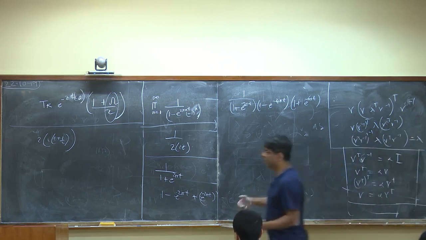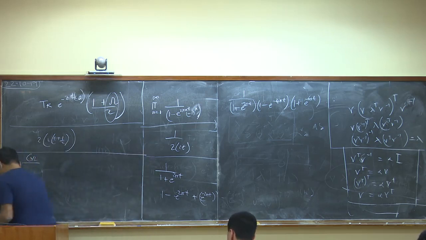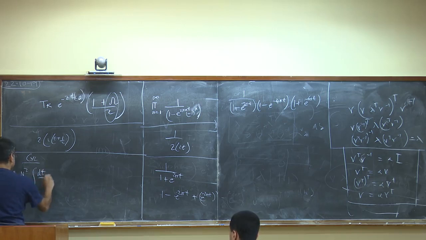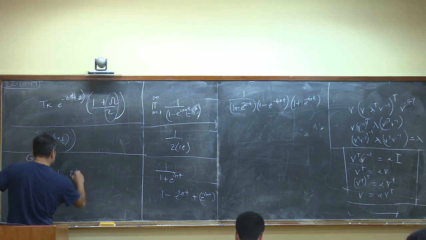Just for normalization, the cylinder was equal to some stuff we're not keeping track of, some number, overall volume and so on, n squared by 2 dt by 2t, and again 1 by t to the power d by 2, 1 by eta of it to the power d minus 2.